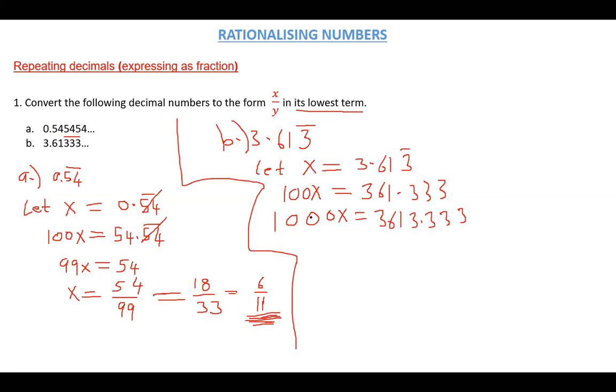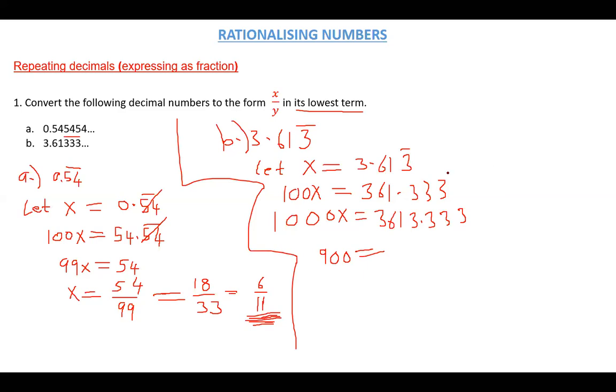When we subtract, 1000 minus 100 gives 900. So 900x is equal to 3613 minus 361.